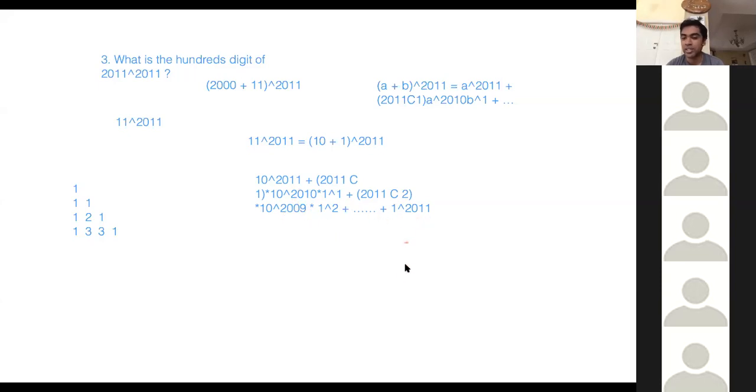So what are the terms we really care about here? If it has 10 to the power 3, it'll end in 3 zeros. So it has to have only 10 to the power 2, 10 to the power 1, or 10 to the power 0.